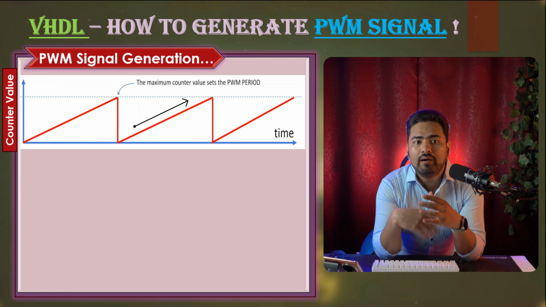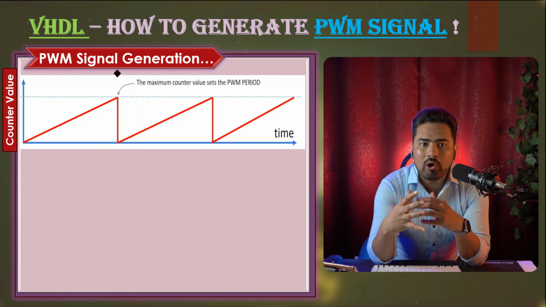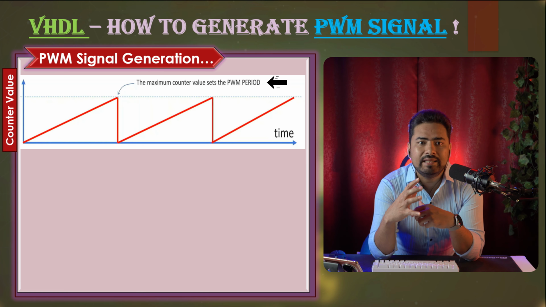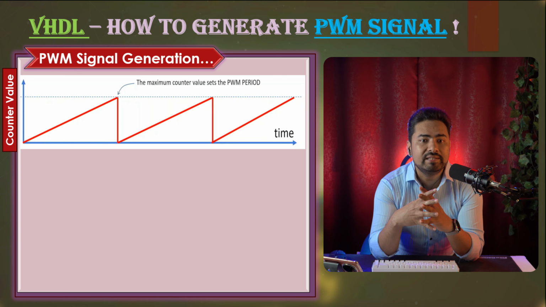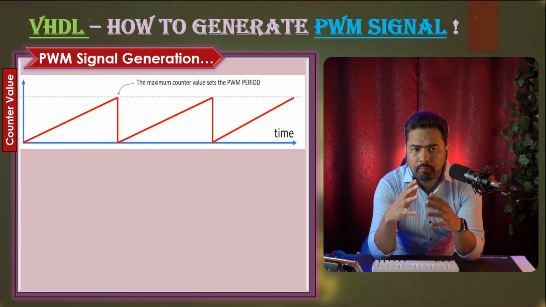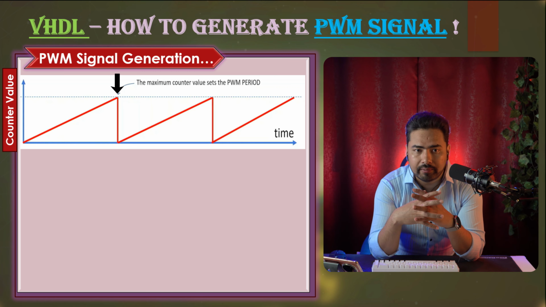And this is happening continuously. Now, question is what will be this maximum value for your counter? So this is basically a deciding factor of your PWM signal. And it will decide your PWM period or frequency, you can say, or PWM cycle. So this is one parameter to decide your PWM period, and it is very important.